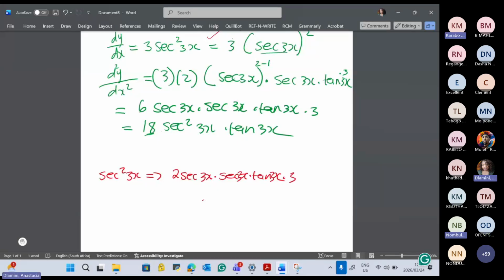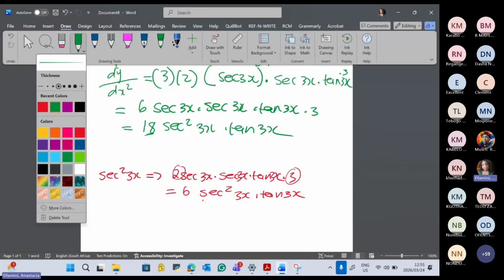Yes, ma'am. So now, this times this becomes what? It becomes 6 sec squared 3x times tan 3x. Right? Correct. So let's go and substitute it.